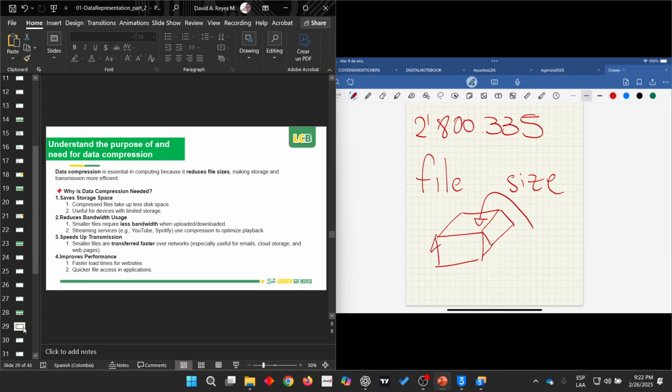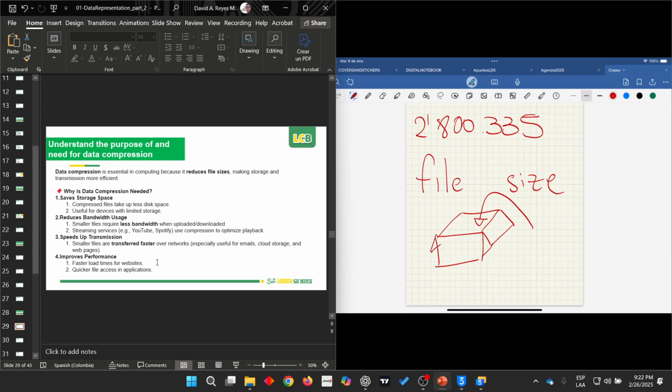If you transmit faster, the bandwidth that you are going to use is going to be small.